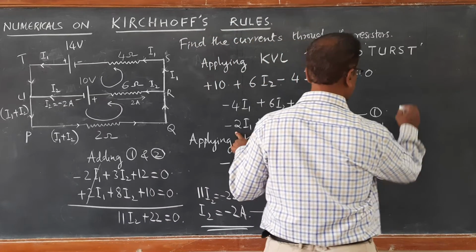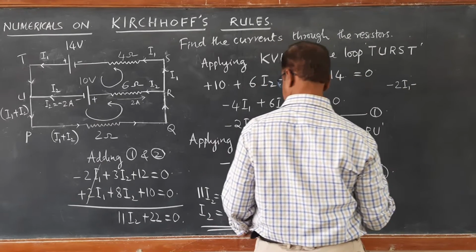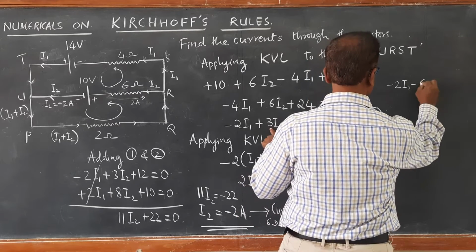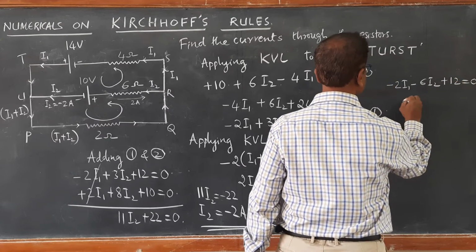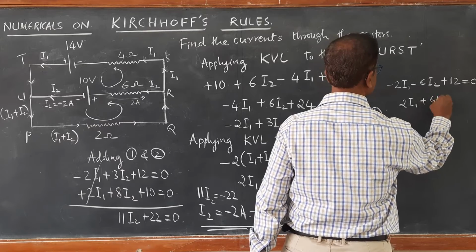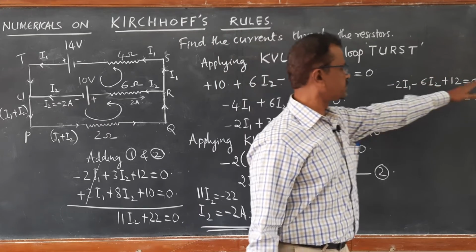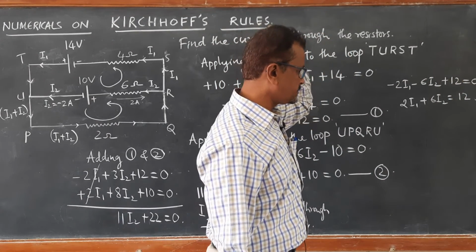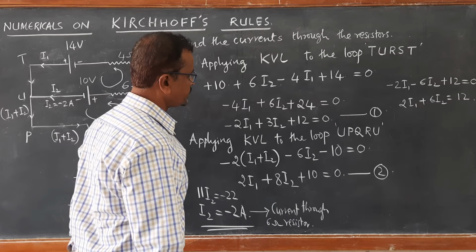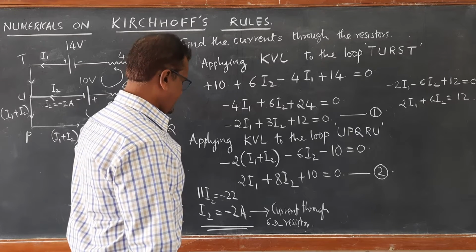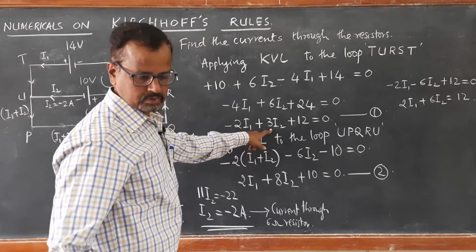Equation number 1 becomes minus 2I1 plus 3 into minus 2, which is minus 6, plus 12 equal to 0.